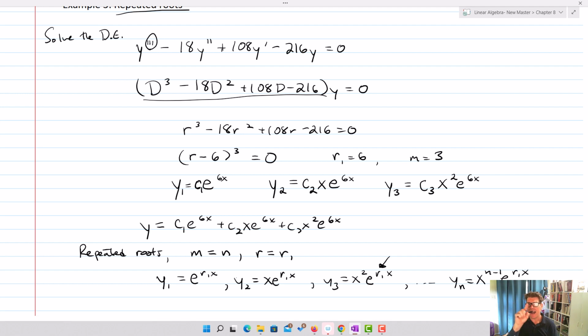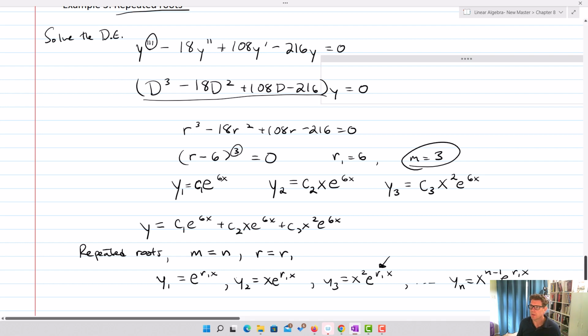So just add an x each and every time, for as many solutions as you need based upon the multiplicity of the root. And that's how we deal with repeated roots.